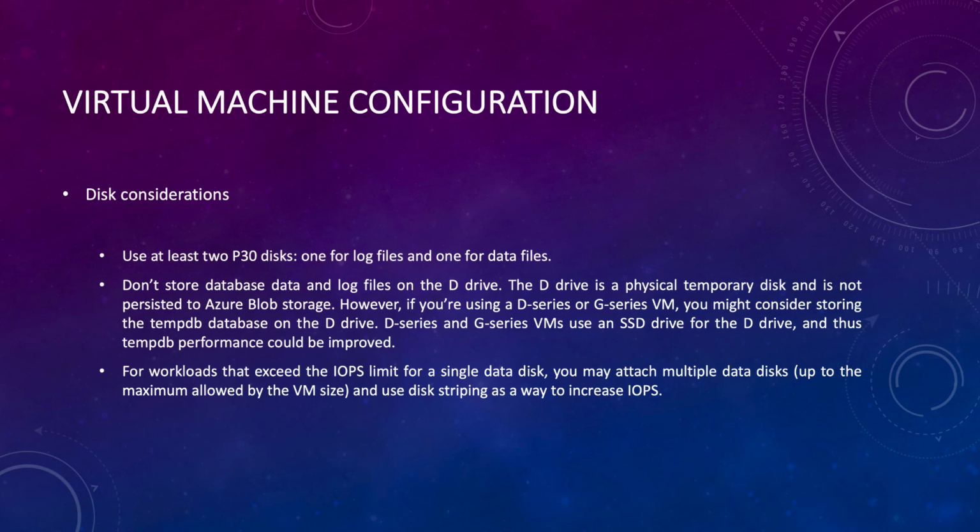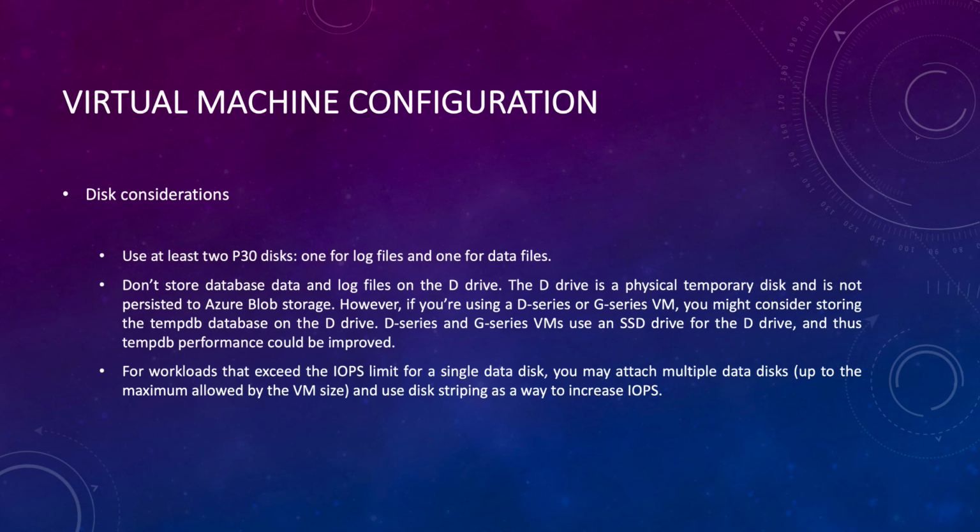However, if you're using a D-Series or G-Series VM, you might consider storing the tempDB database on the D drive. D-Series and G-Series VMs use an SSD drive for the D drive, and thus tempDB performance could be improved.